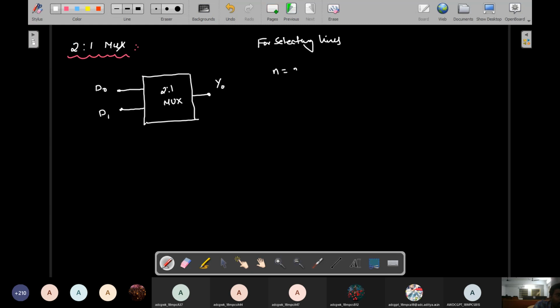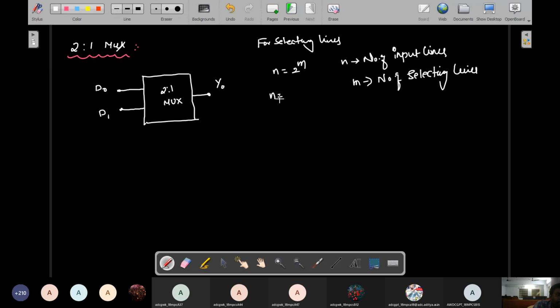N is equal to 2 power m, where n is the number of input lines and m is the number of selecting lines.